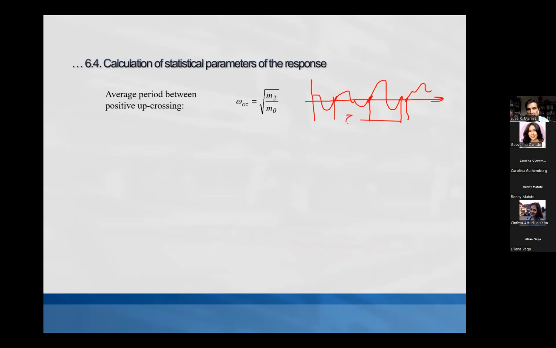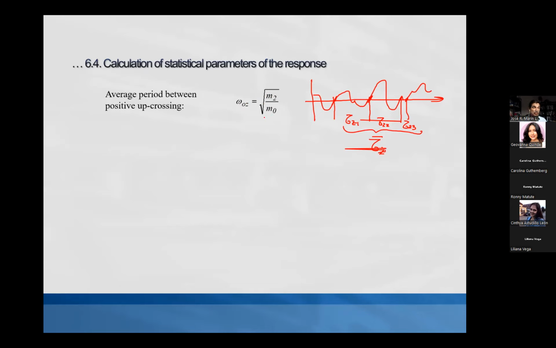So this is the period. This is the period. This is the period. And from here, we could calculate the average, and this pi divided by this average. We can calculate using M2 and M0.